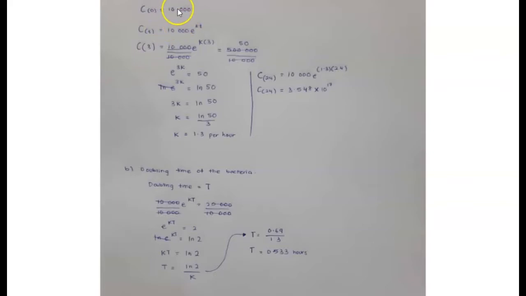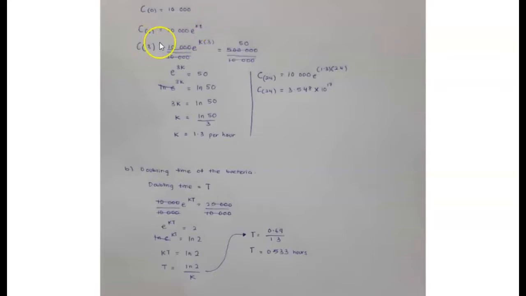So what do we do here? We put C as the cells at time 0, which is 10,000, and C of t equals 10,000 e to the power of kt.